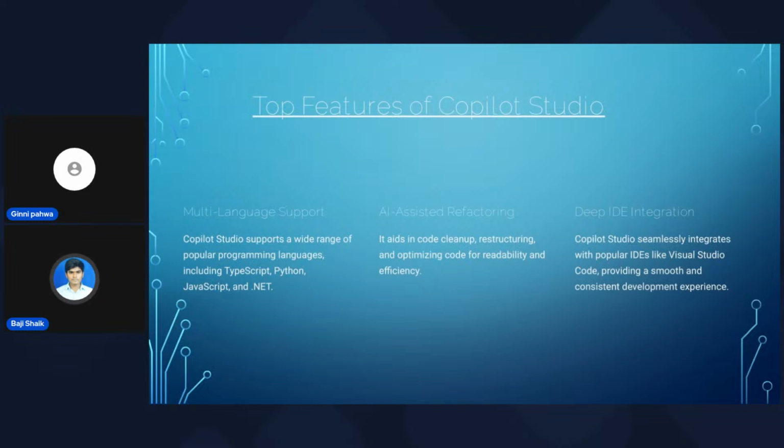Copilot Studio seamlessly integrates with popular IDEs like Visual Studio Code, providing a smooth and consistent development experience. As we know, many of us use Visual Studio for our coding. Visual Studio provides a Copilot which we can access, as we discussed in the earlier slides, where we can use Copilot in daily life.